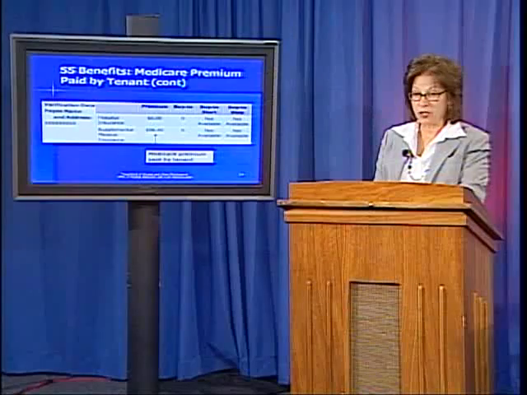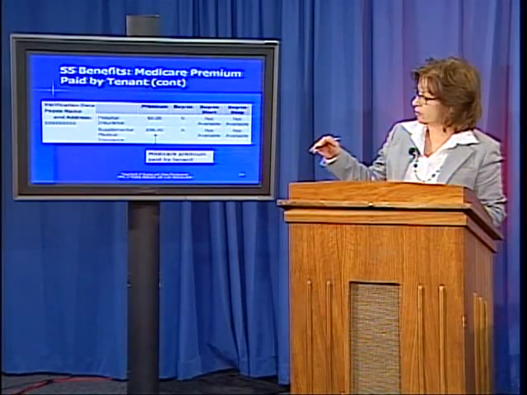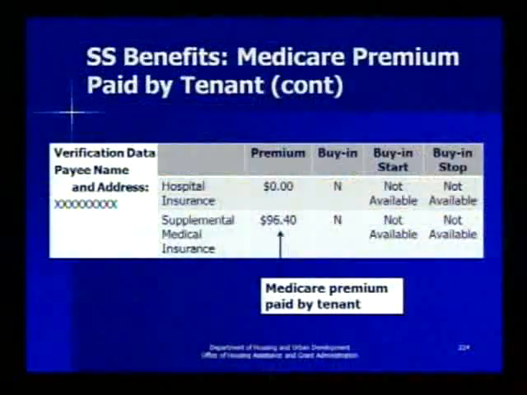Here's another portion of the income report when you scan further down when it gets into the medical premium section. It does reflect there the $96.40. It also indicates with the N, a no, as Diane spoke earlier, meaning that there's not a third-party entity paying for this premium, that the tenant is actually paying for this amount.